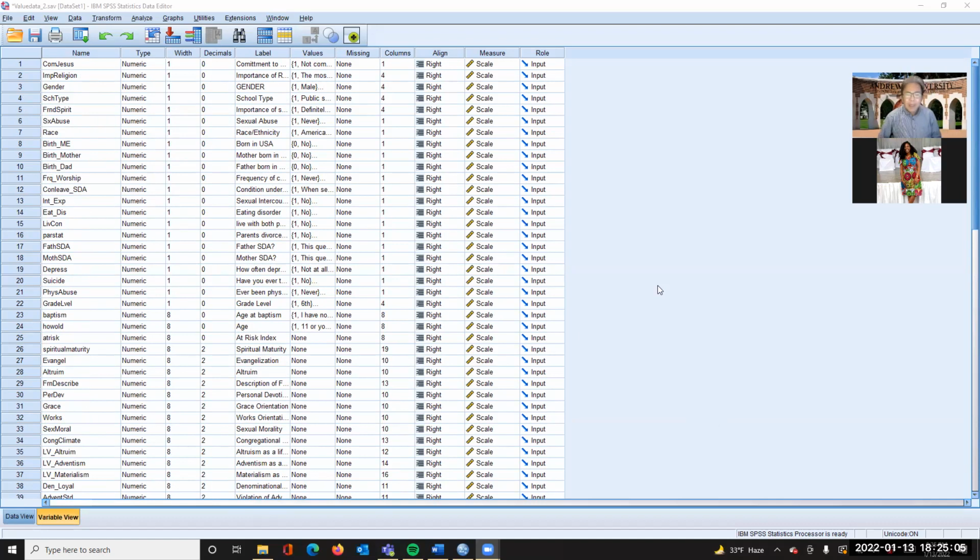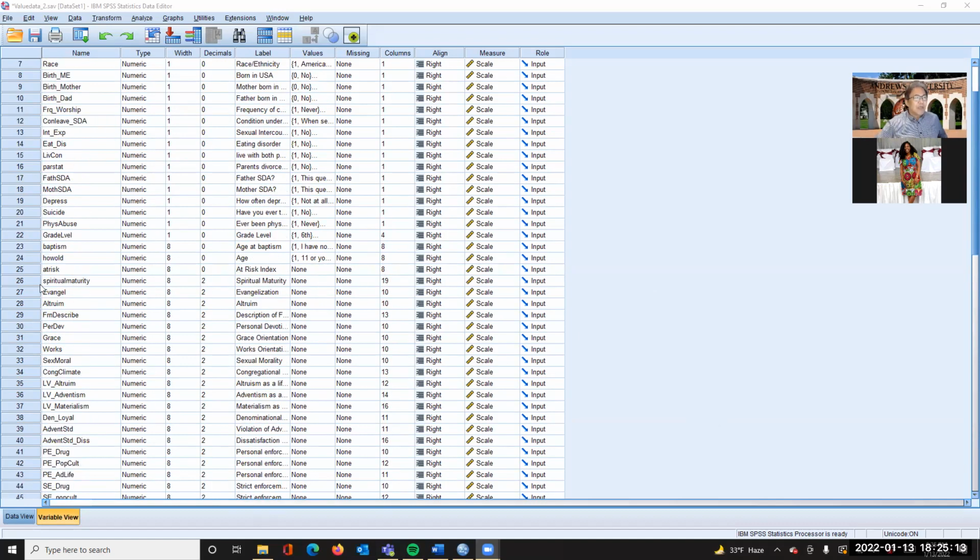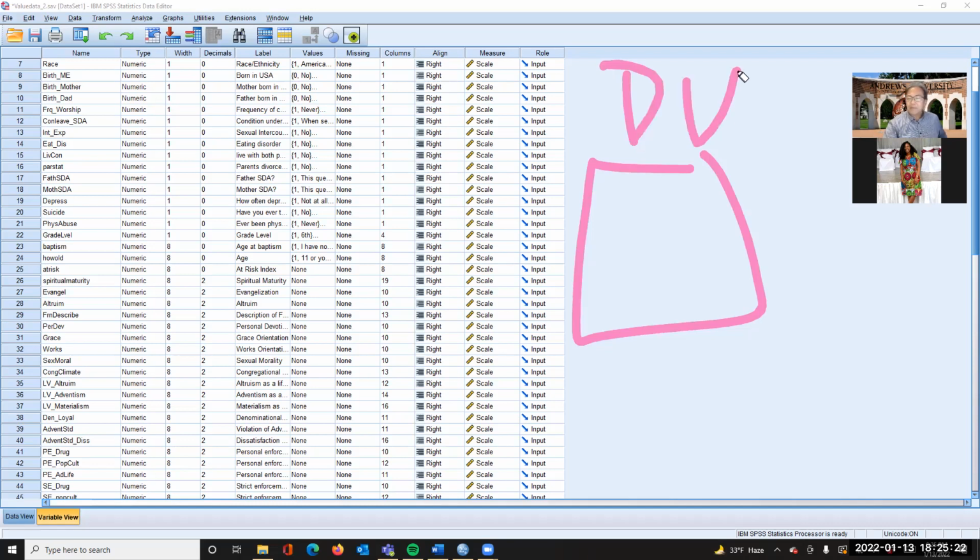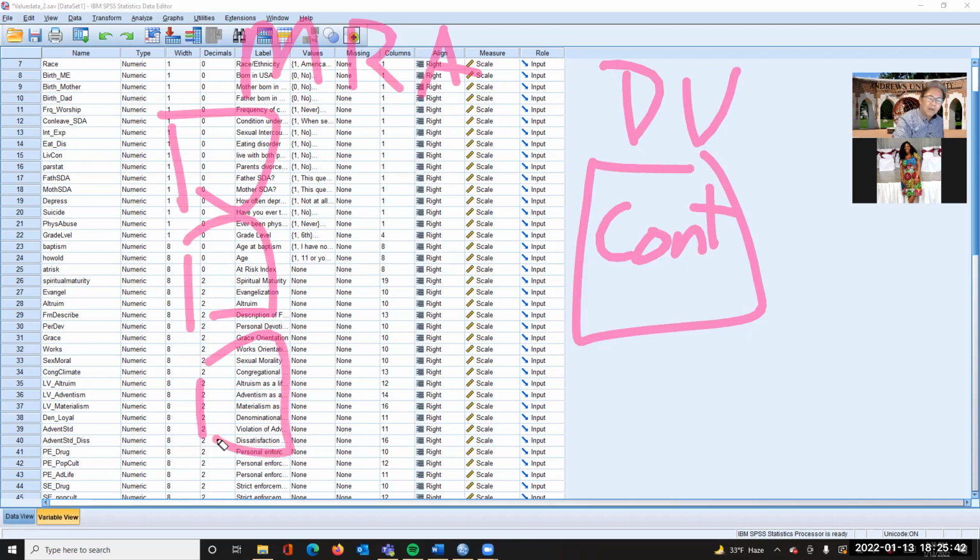In that class, we did multiple regression analyses in which this is your dependent variable, and we stipulated that in multiple regression analyses this dependent variable is continuous, or a scale variable, with predictor variables also continuous.